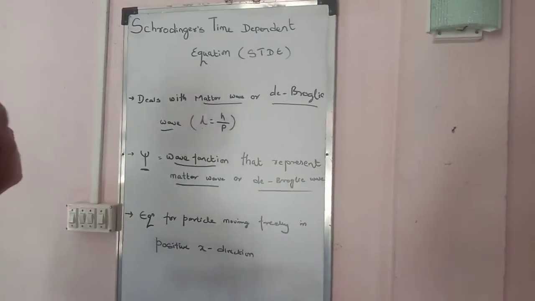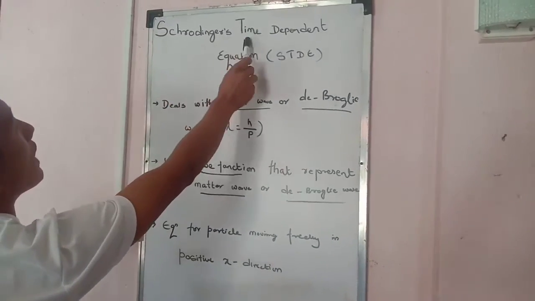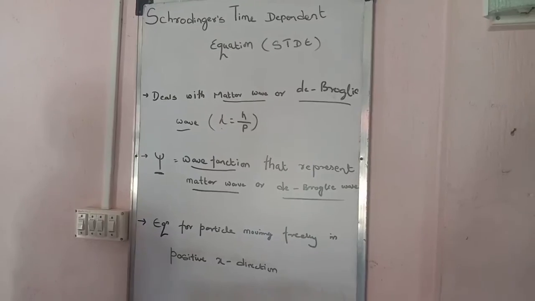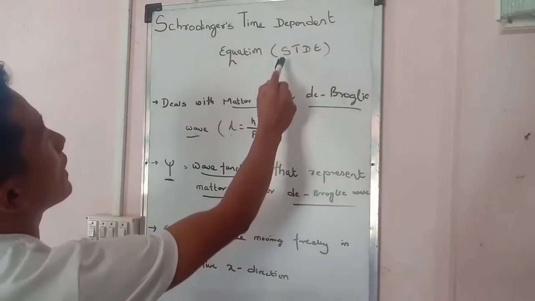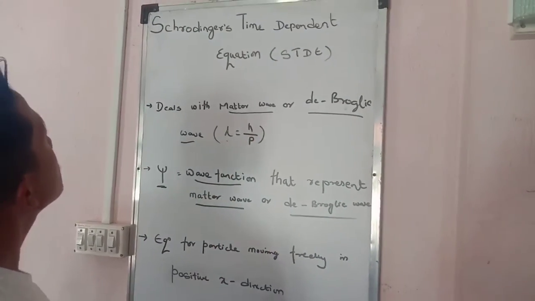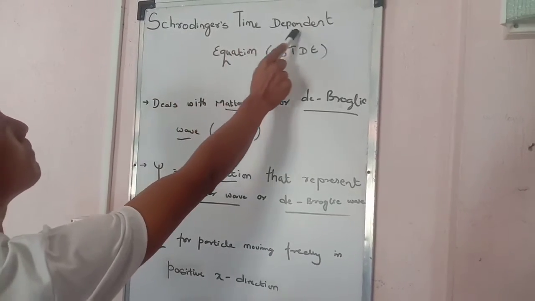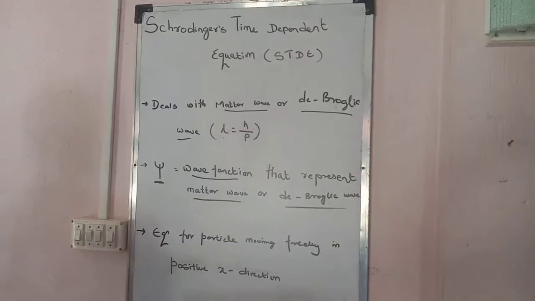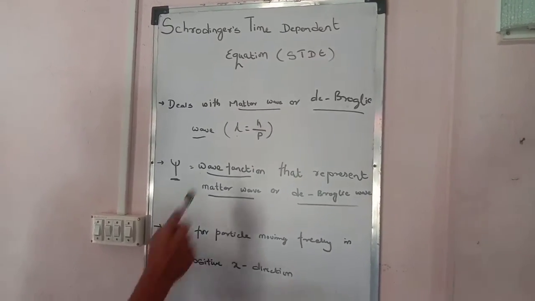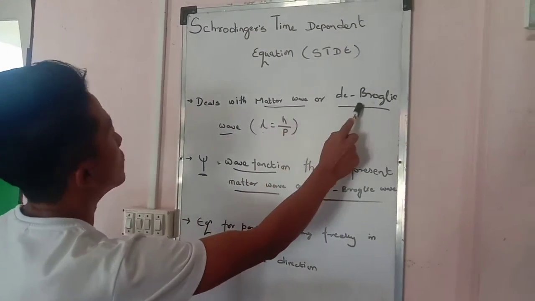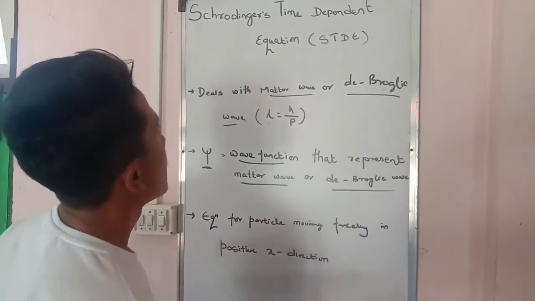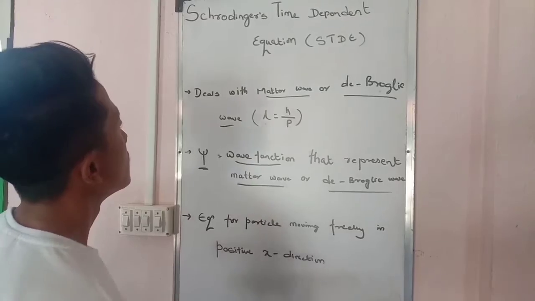So the topic is Schrodinger time dependent equation. In short form, we can also say STDE, that is Schrodinger time dependent equation. Basically this topic deals with matter waves or de Broglie waves. Matter waves and de Broglie waves are the same.